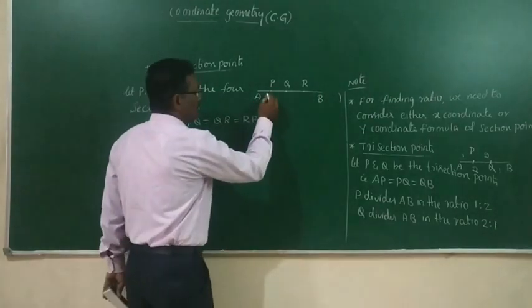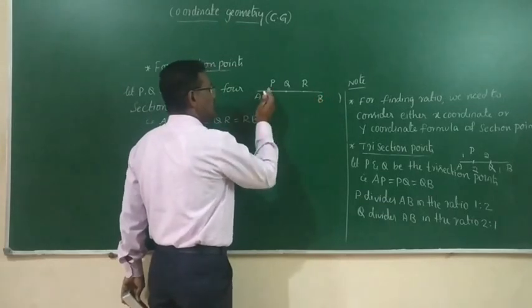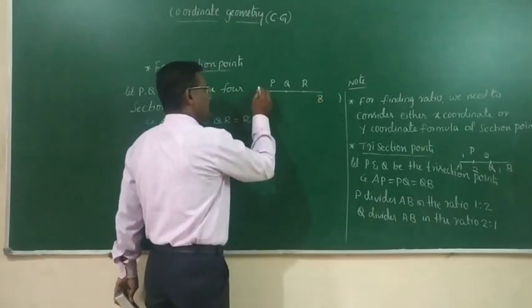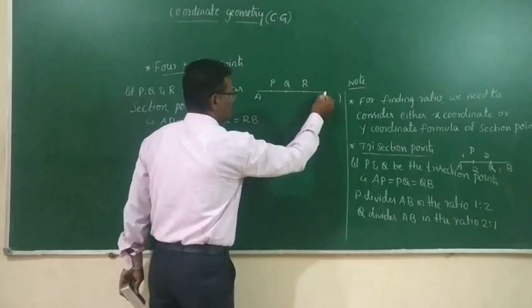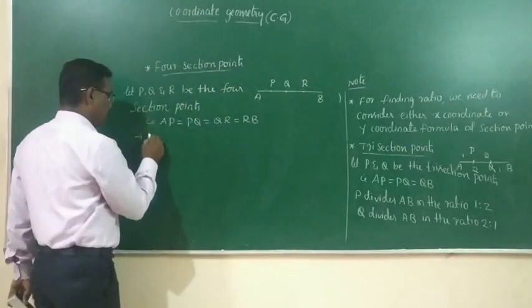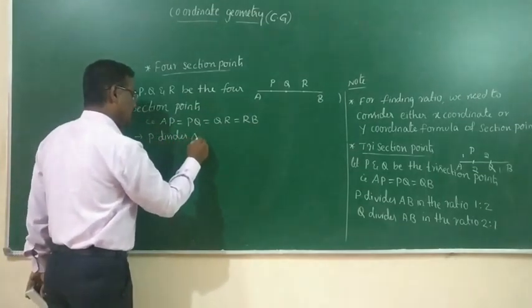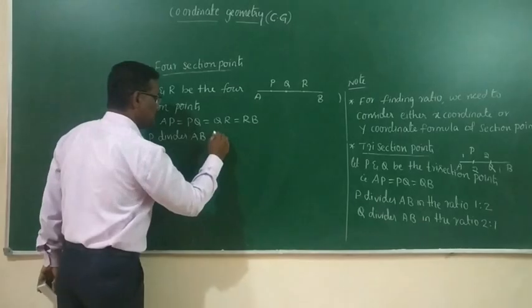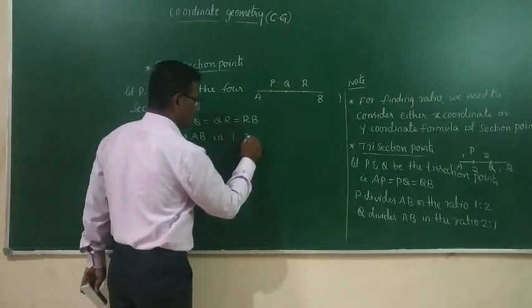Now observe, in which ratio does P divide AB? Here, P to A one part, P to B 1, 2, 3 parts. Therefore, P divides AB in the ratio 1:3.